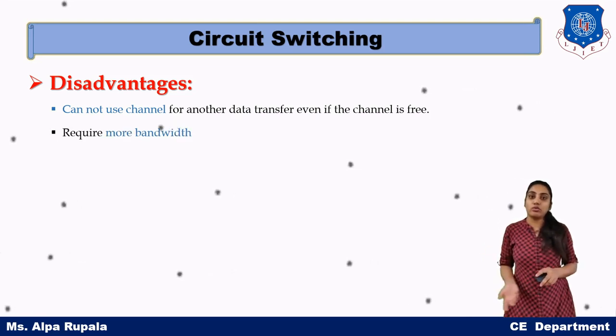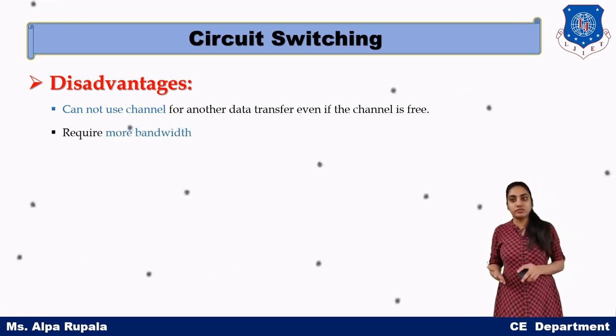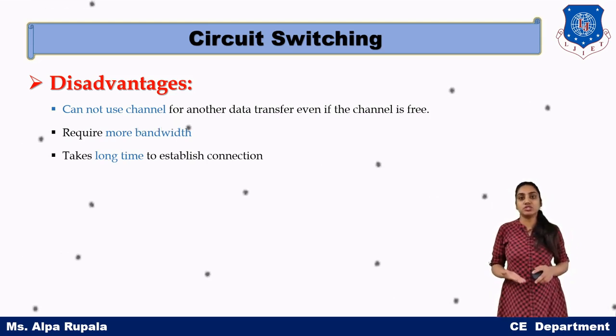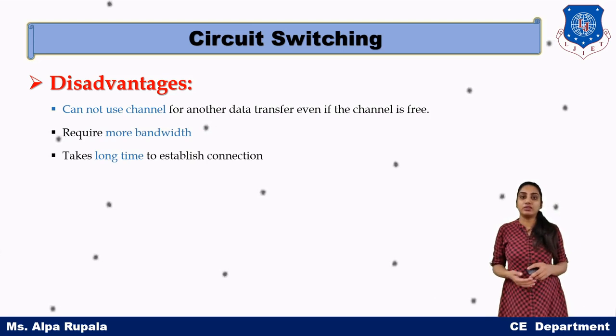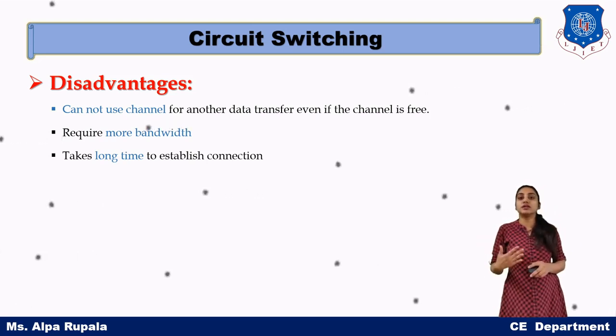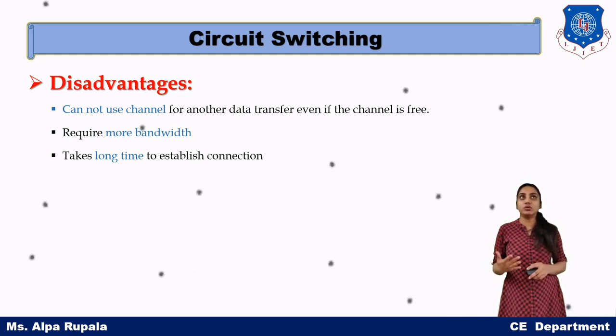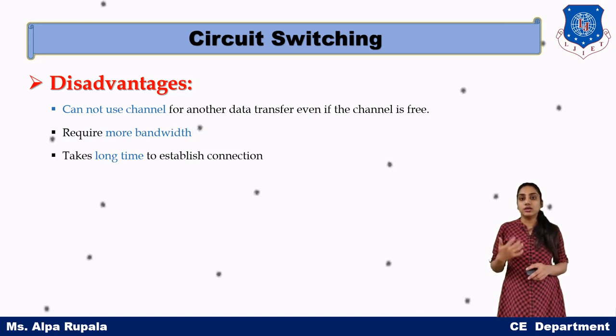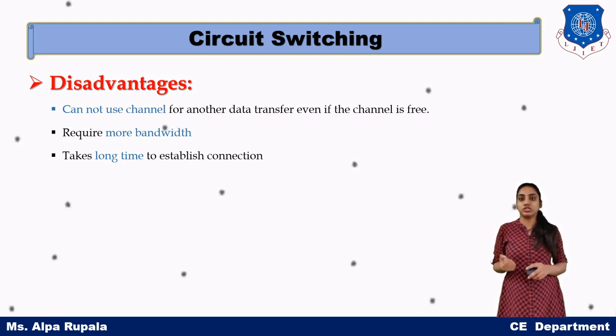Next, we require more bandwidth because of the real data transfer, and voice signal is an analog signal. Analog signal transmission has a very high bandwidth requirement. Then it takes a very long time to establish a connection, as we know that before the caller rings, there are some beats for the connection.